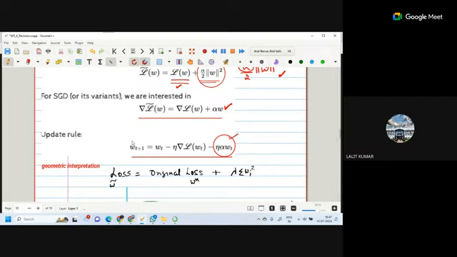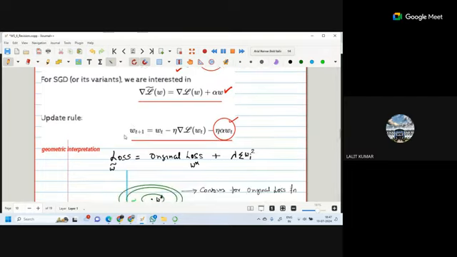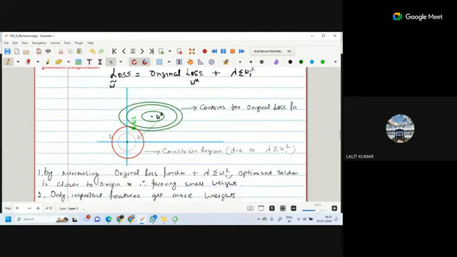Now I will try to cover it geometrically. You see, this is the loss surface.